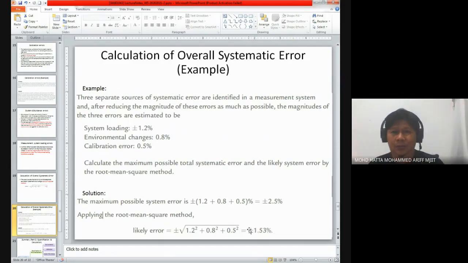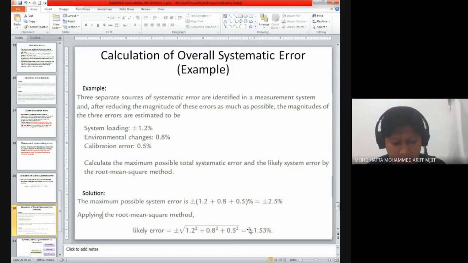Basically, we don't actually know how much error we have in our measurement. What we show here is just an estimation, but it is a best practice for estimation purposes. In certain situations, maybe this technique is not applicable, maybe you already know the value of your systematic error.